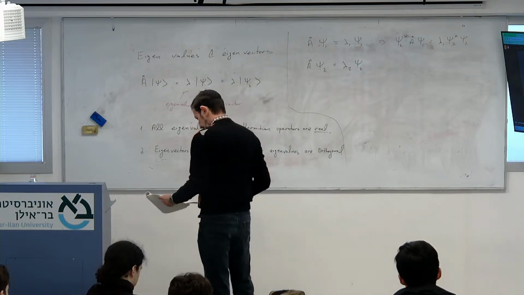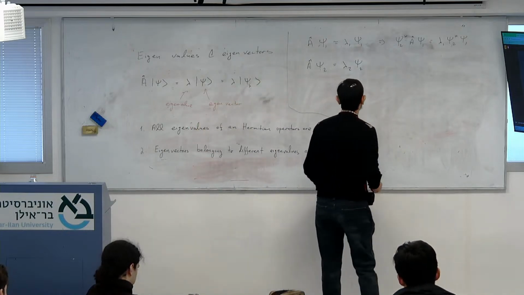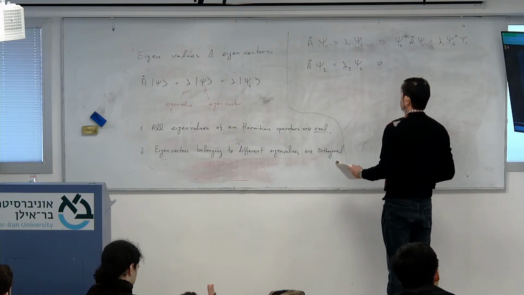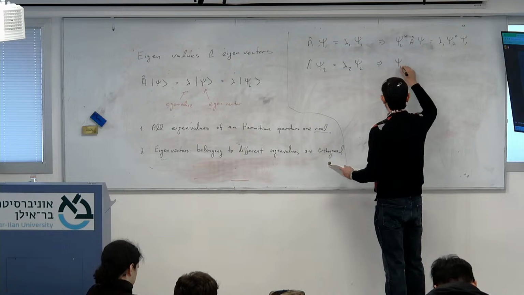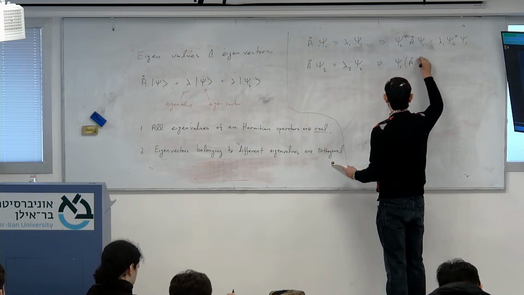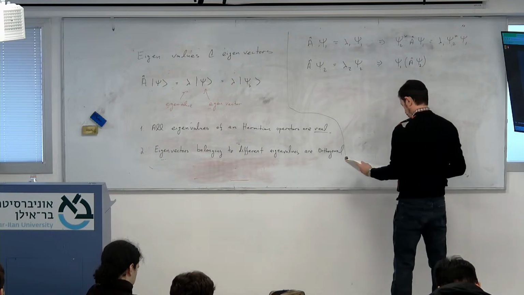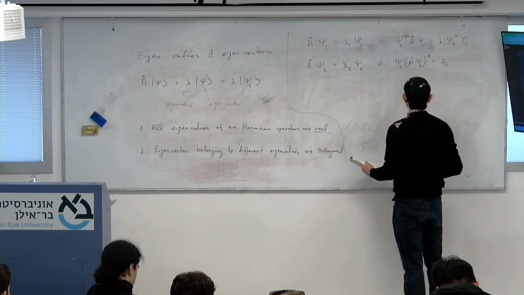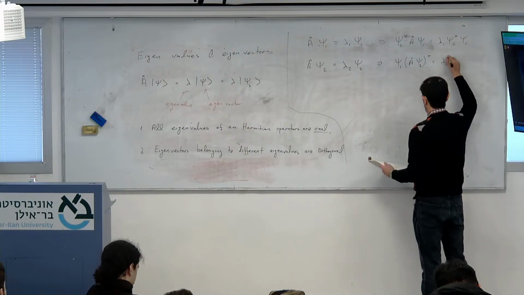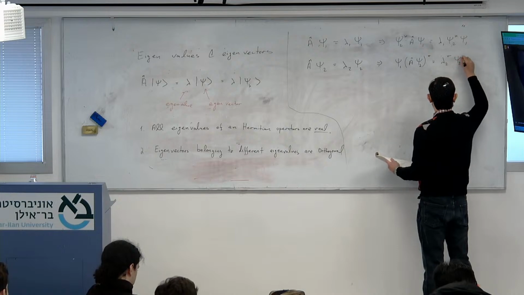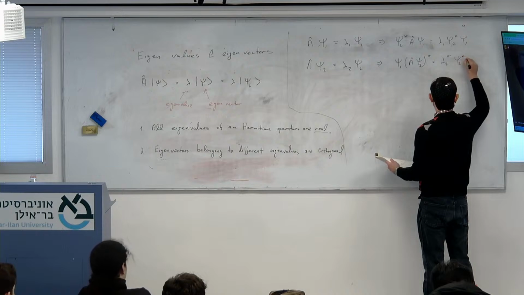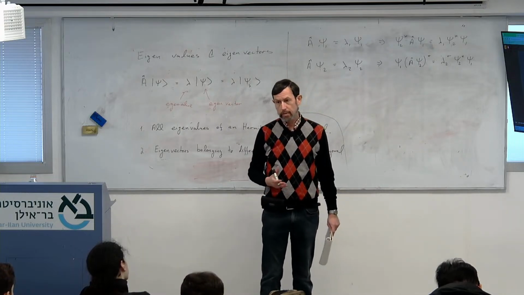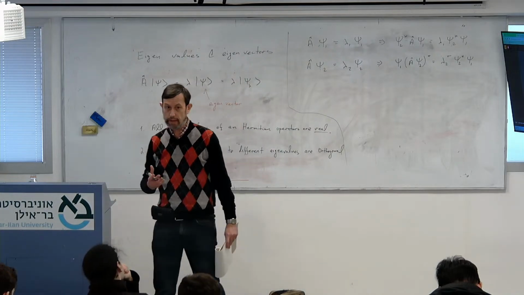I'm allowed to do it. Why am I allowed to do it? Because A is Hermitian.